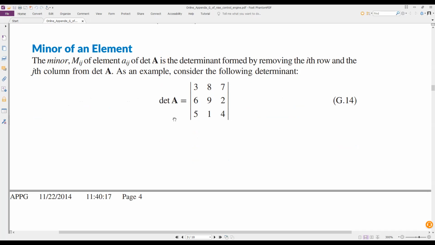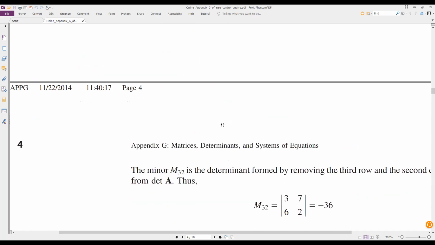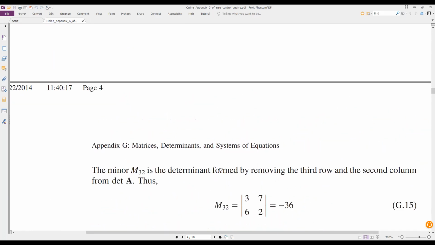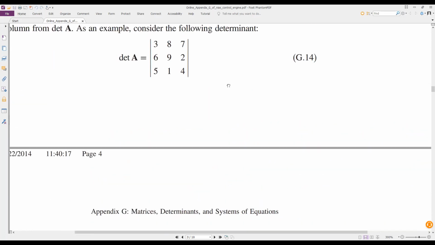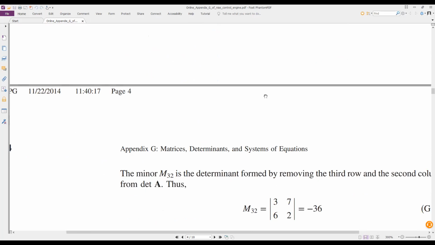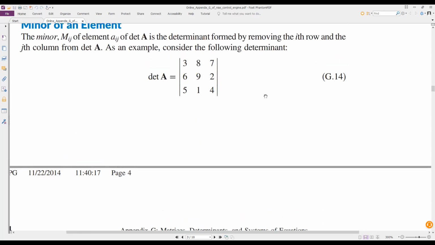Consider the following determinant: 3 8 7 6 9 2 5 1 4. Now we have to calculate the minor M32. What would be M32? 32 means third row, second column. Third row, second column would vanish. So you will calculate the others.